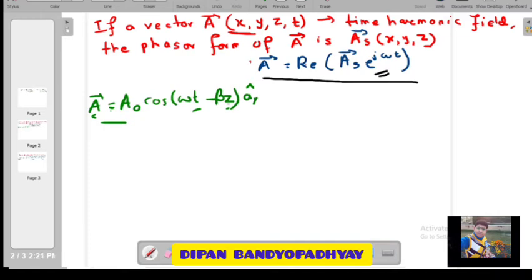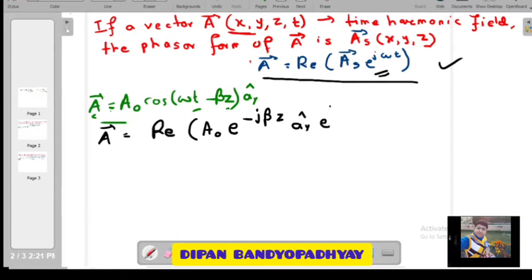For this vector, we can rewrite A in the form we have seen here. A will be the real part of A naught e to the power minus j beta z, with the unit vector, multiplied by e to the power j omega t.